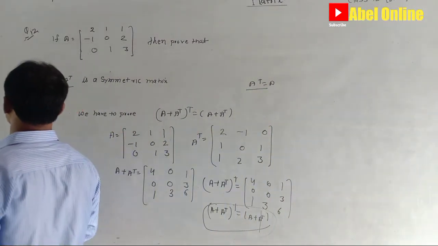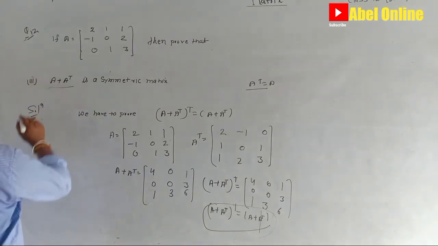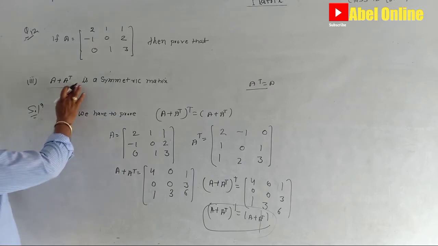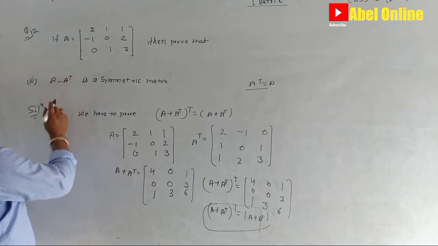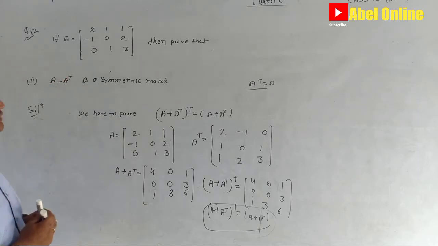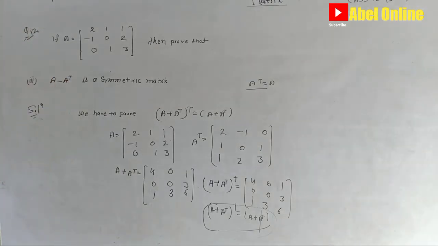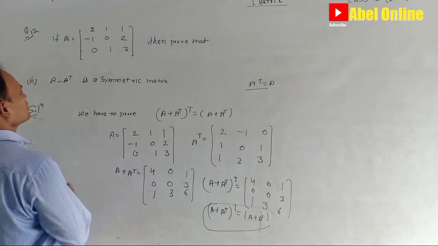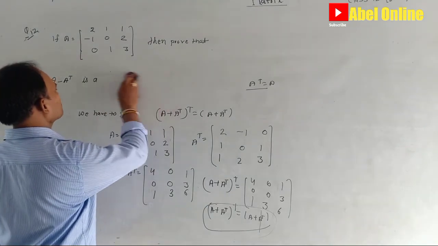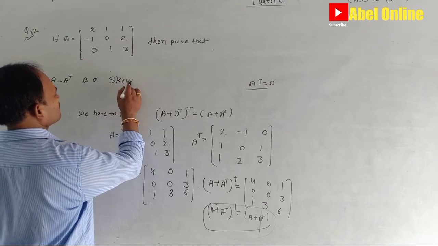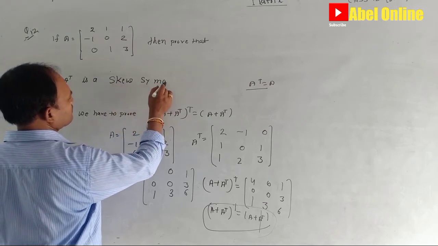Now we are on question number 3. A minus A transpose is a skew symmetric matrix.